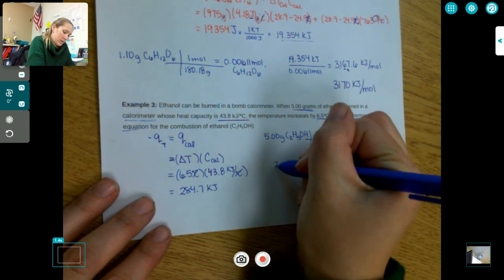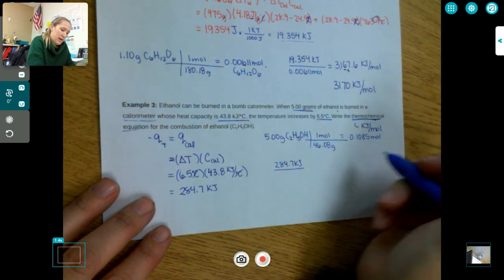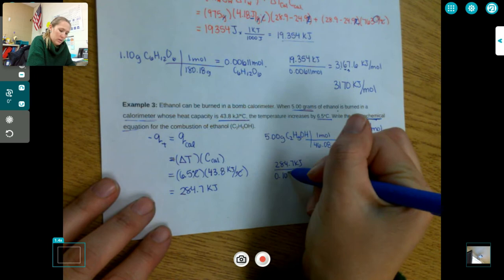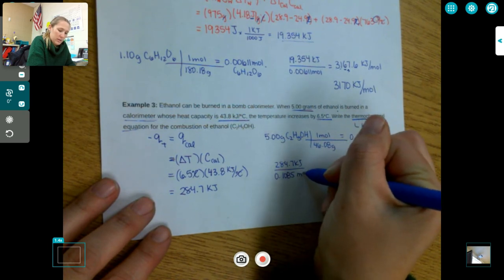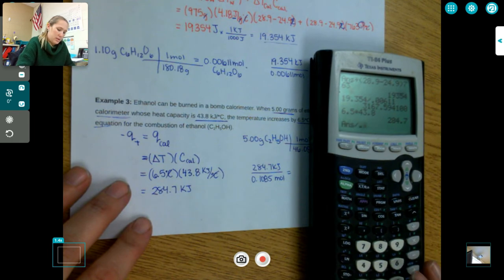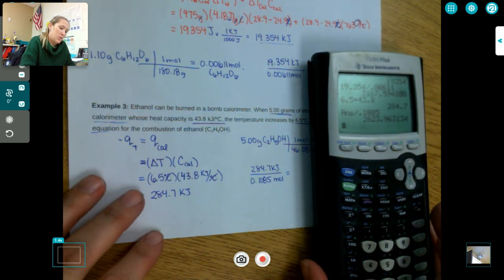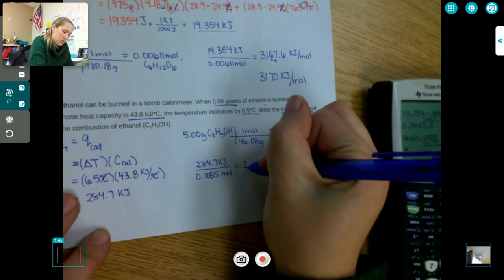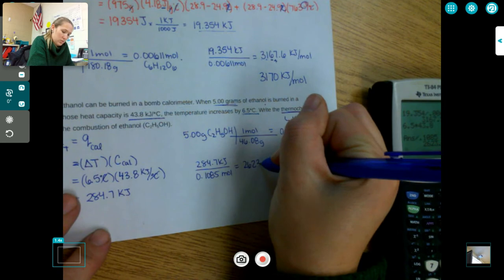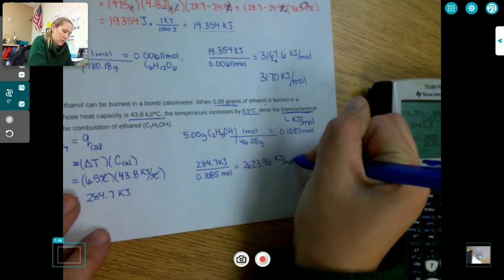So my 284.7 kilojoules divided by my moles, 0.1085 moles. I get 2,623.96 kilojoules per mole.